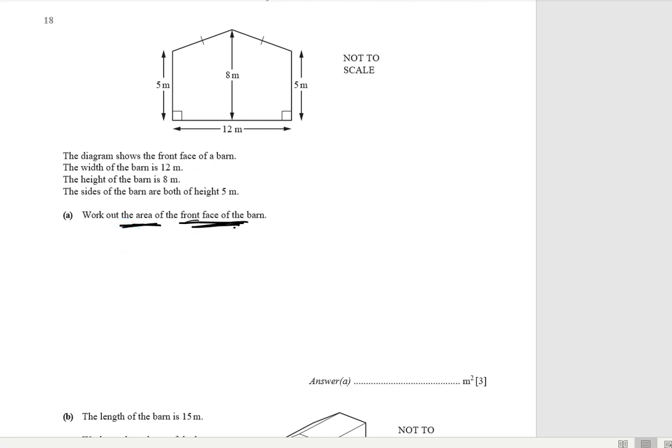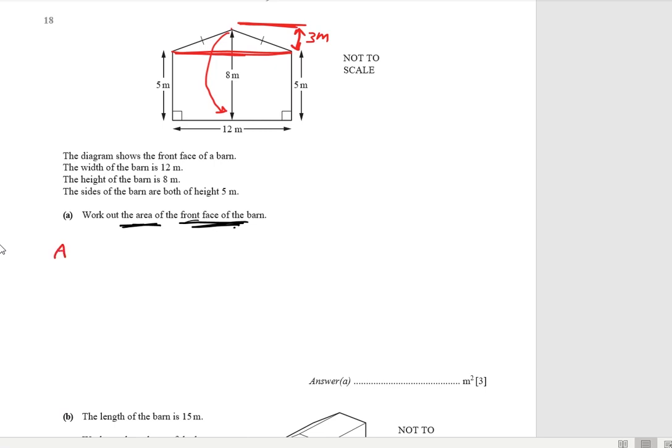Let us divide this shape into two shapes. Here we have a rectangle, and here we have a triangle. The distance from here to here is the total 8 minus 5, so the distance here is equal to 3 meters.